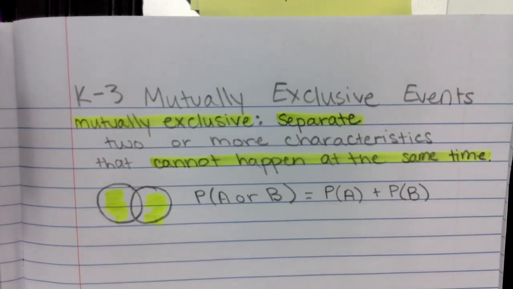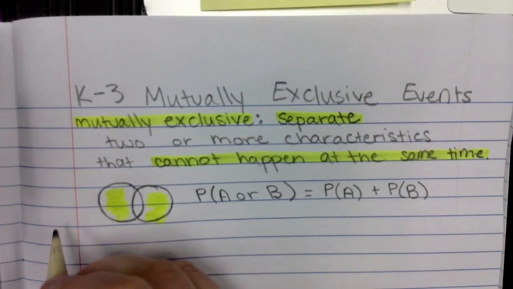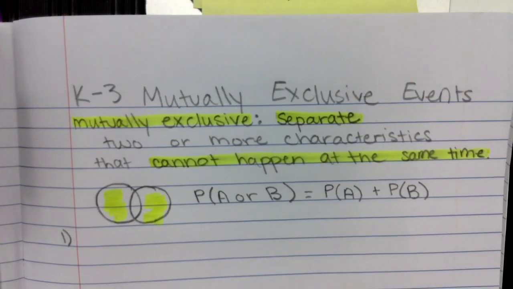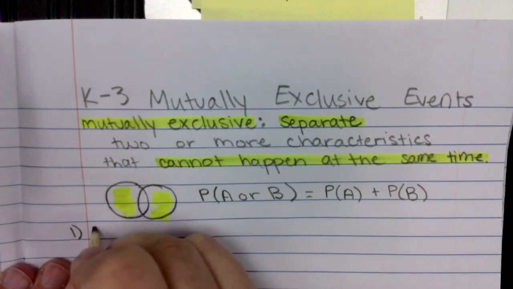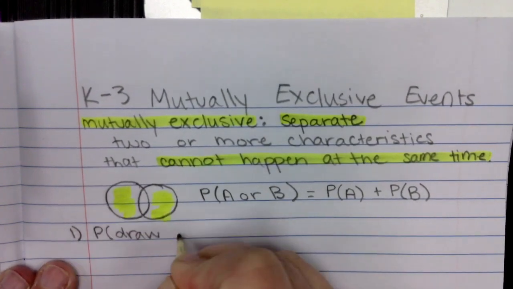Okay, so we're going to do an example of this. I want to know what's the probability of when I draw a card that I'm going to draw a spade or a red card.